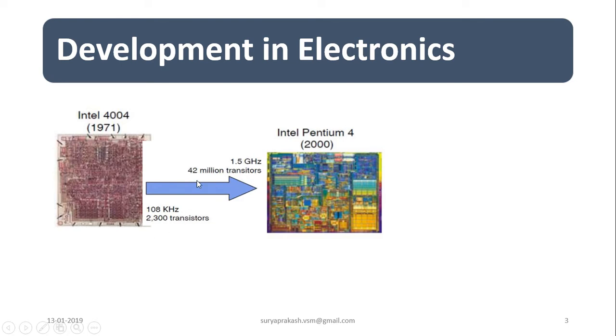See the difference. There is a huge transition from 2,300 transistors to 42 million, and also in processing speed, from 108 kilohertz to 1.5 gigahertz.